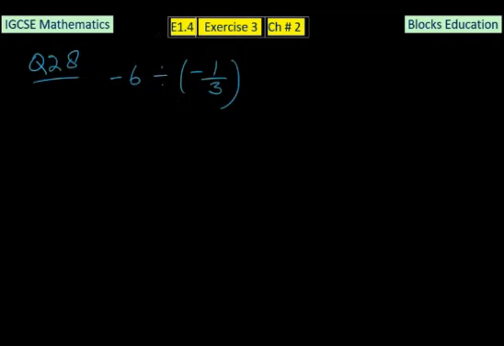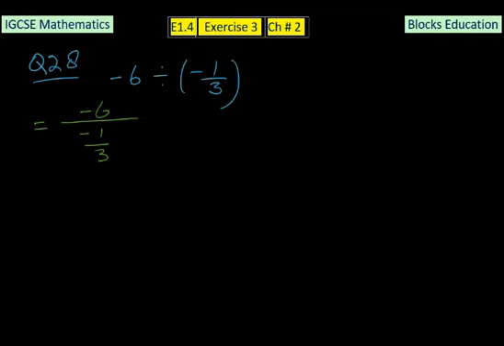Look at that, question number 28. In it is given minus 6 divided by bracket start minus 1 over 3 bracket close. So let's write it down in the reciprocal form. That will make the question much easier. So minus 6 and the divided sign, divided by minus 1 over 3. So just write it down as it is, minus 1 over 3.